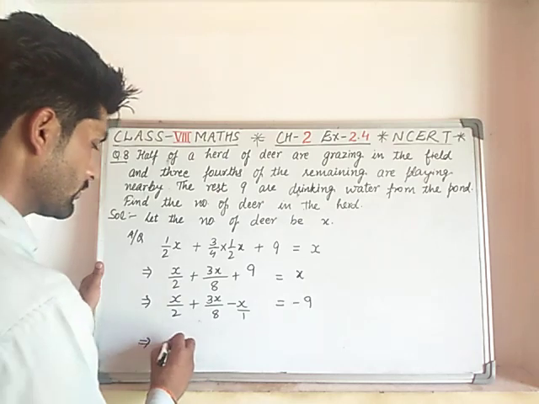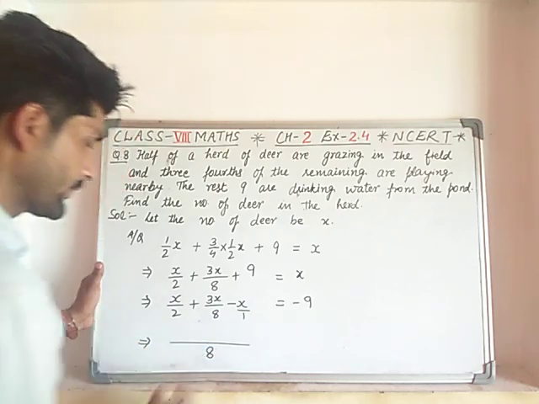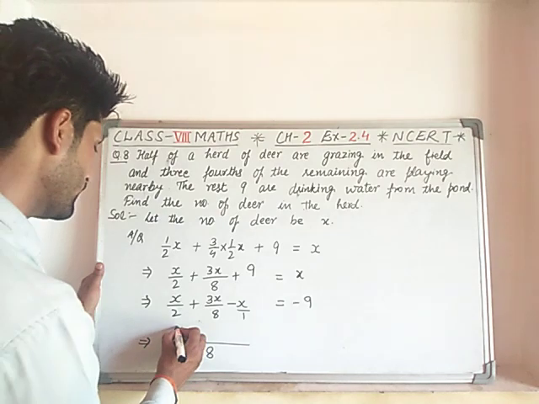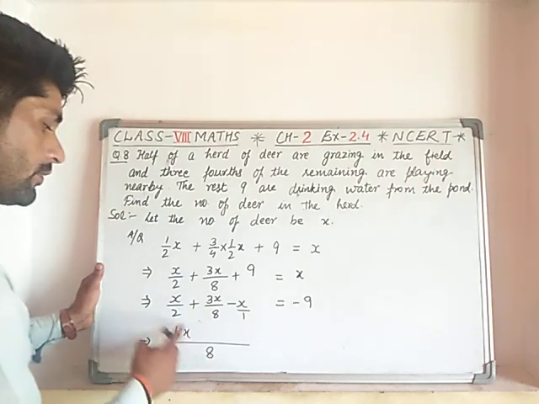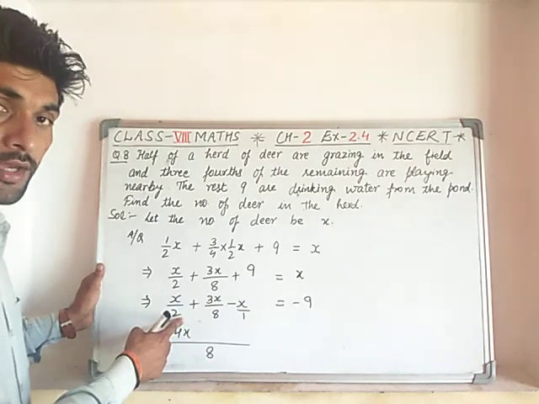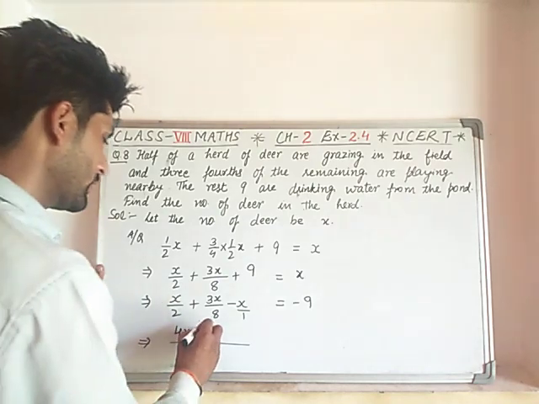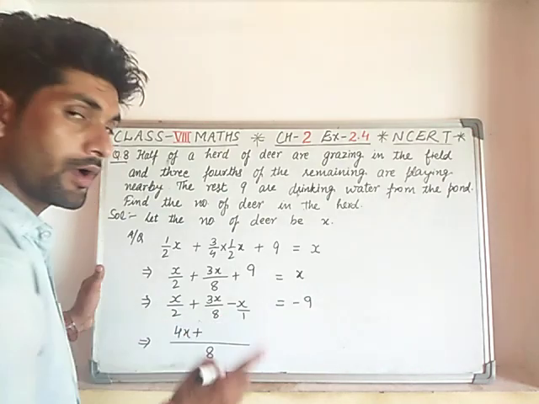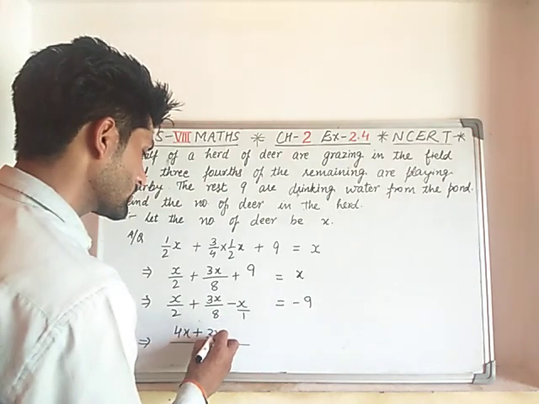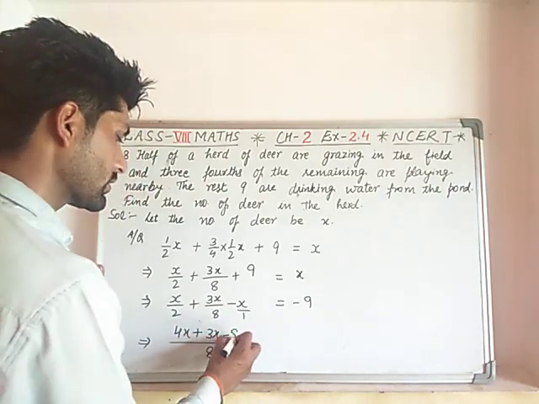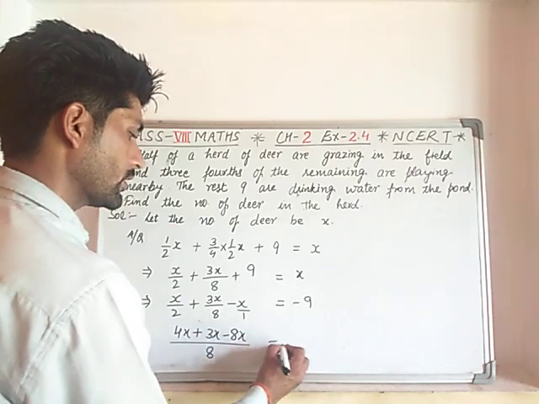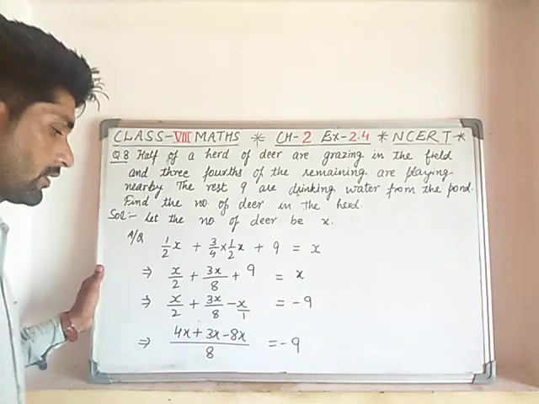It further implies we will take LCM, it will be 8, and we will get here 4x, because we divide 8 by 2 and get 4, and multiply that 4 with x. So 4x plus 3x minus 8x over 8 is equal to minus 9.